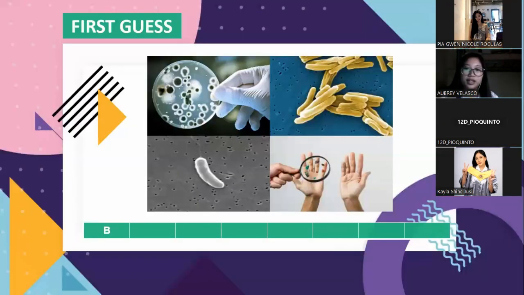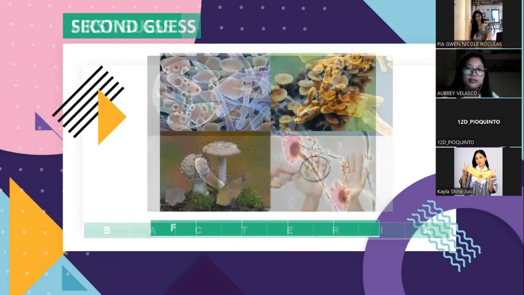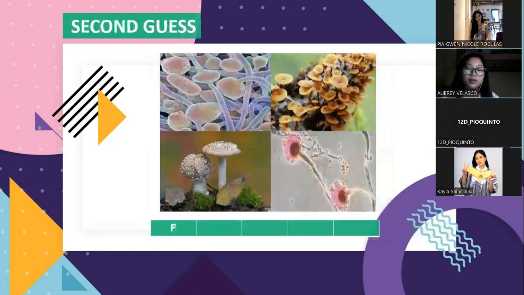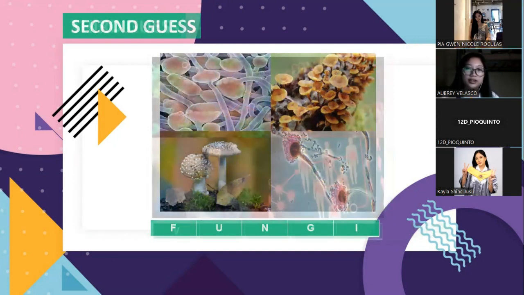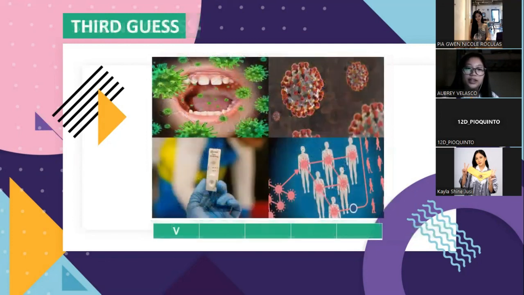Okay, first guess. Guess it in 5, 4, 3, 2, 1. Answer is bacteria. Okay, second guess. 5, 4, 3, 2, 1. The answer is fungi. Okay, third guess. 5, 4, 3, 2, 1. Okay, that will be virus.